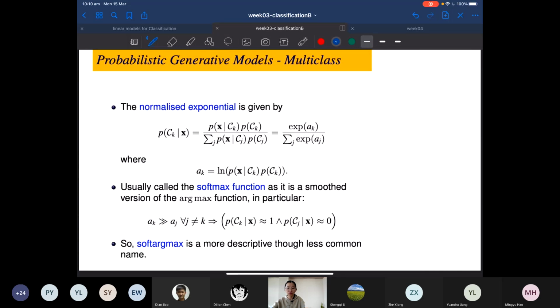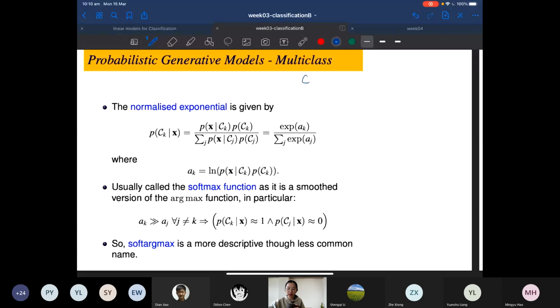Now let's get to generative models, right? In generative models, we're interested in estimating the class posterior probability through the likelihood and priors that we can specify. So if we have multiple classes, C1 through CK, we can define the quantity A sub k as not the ratio of data likelihood, but basically the log of data likelihood times class prior.